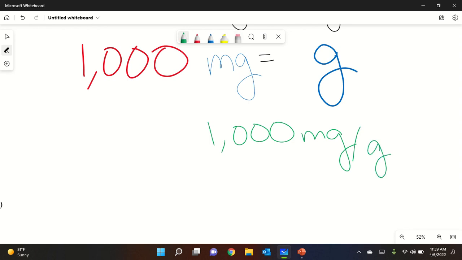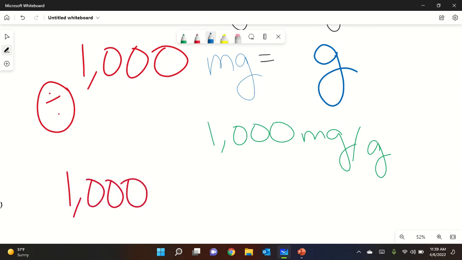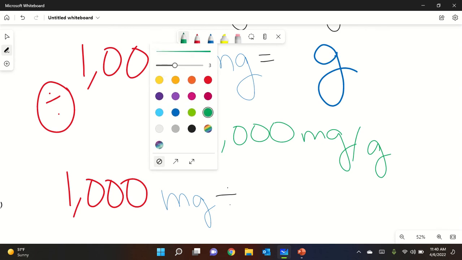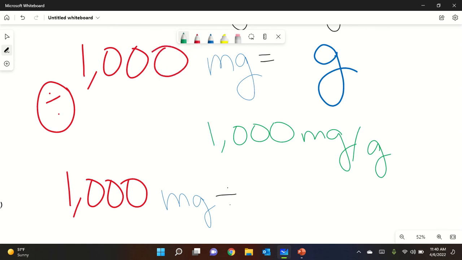Now if we do this mathematically, remembering that we are going to need to make this smaller, so we are dividing, we can take our original 1,000 milligrams and divide it by our conversion factor, 1,000 milligrams per gram.